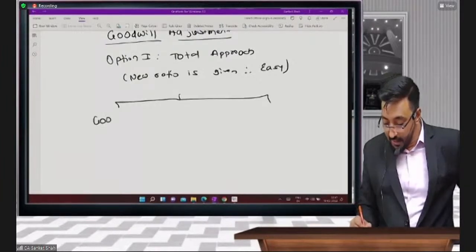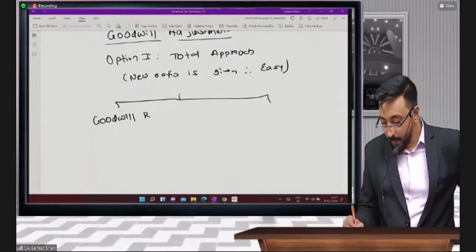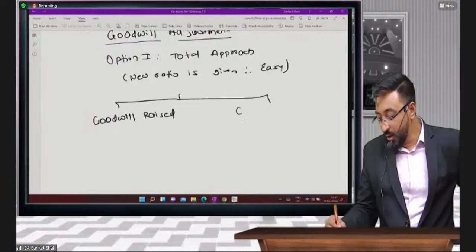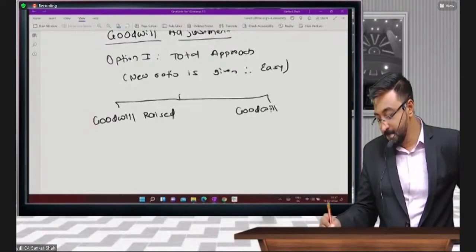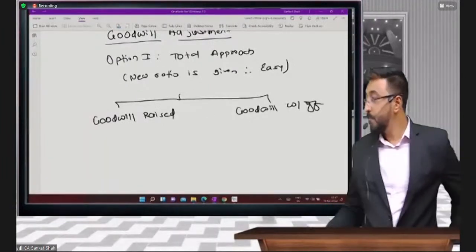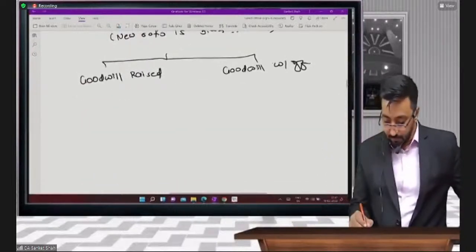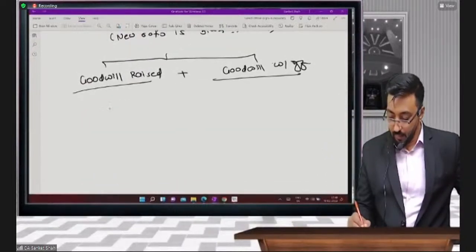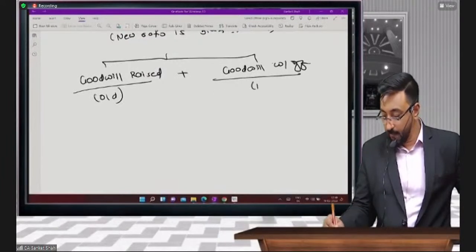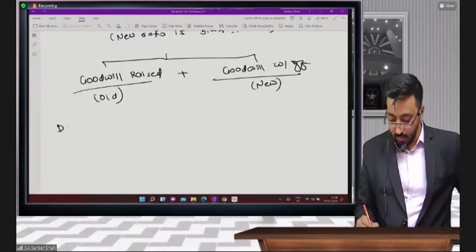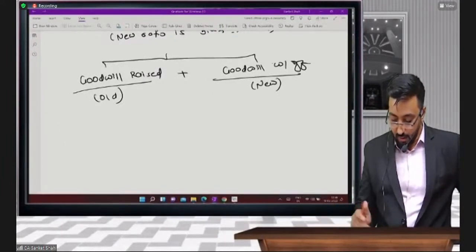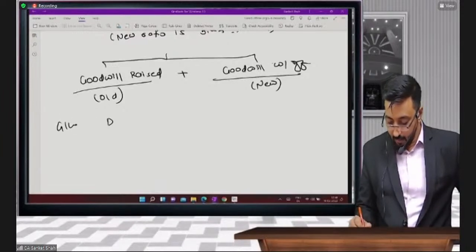Goodwill raised and goodwill written off. Goodwill raised is in the old ratio, and written off is in new ratio. So here goodwill debit, total approach.